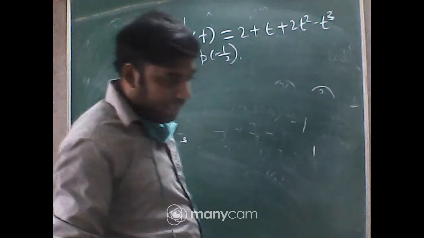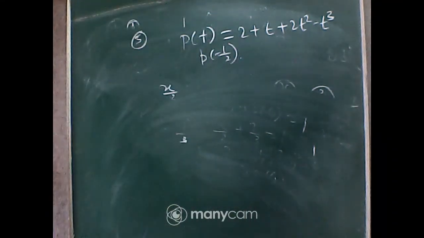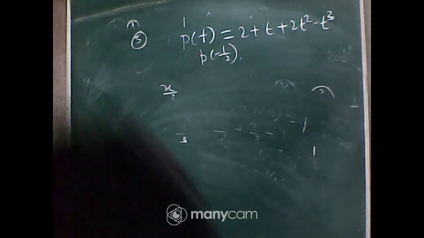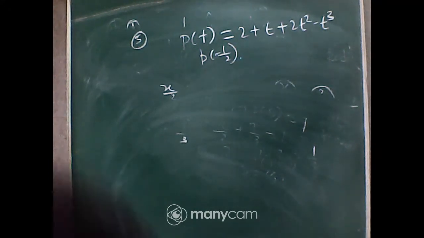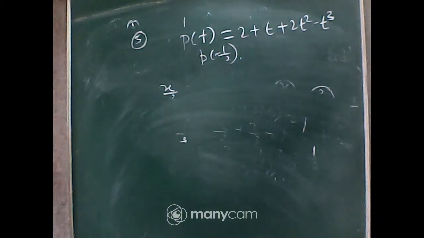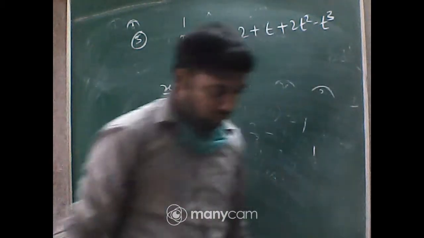Find p of minus 2 quickly within 1 minute. Zero.